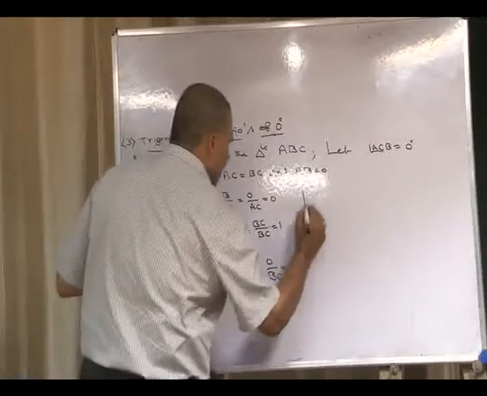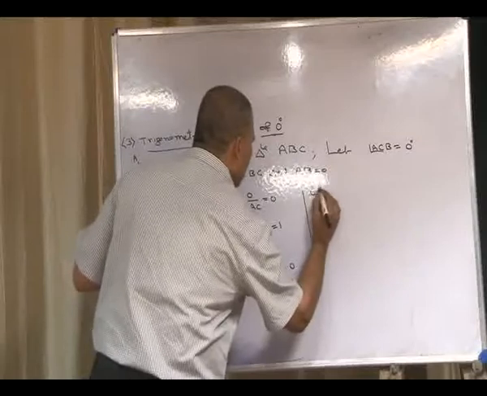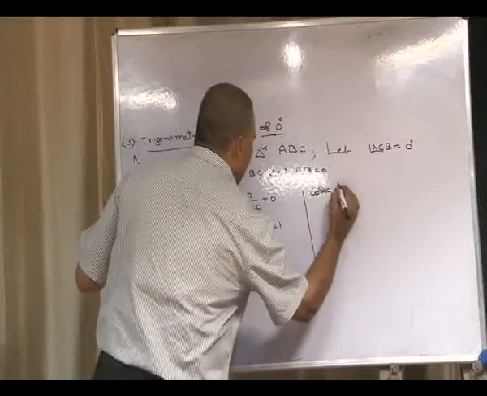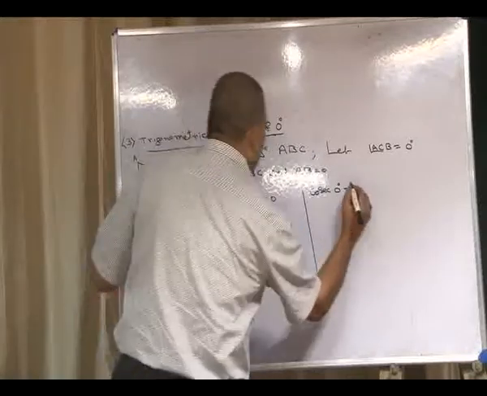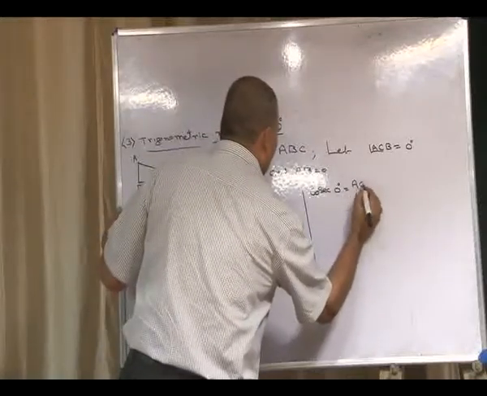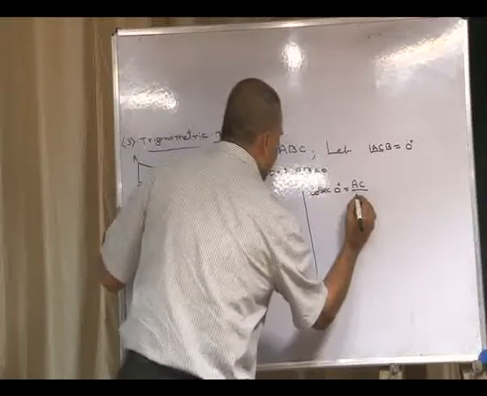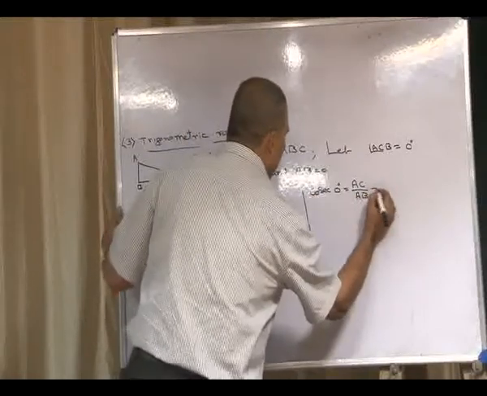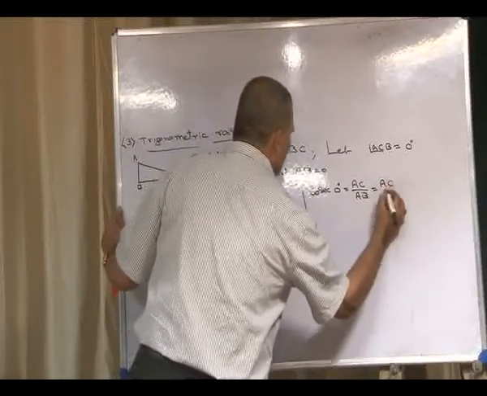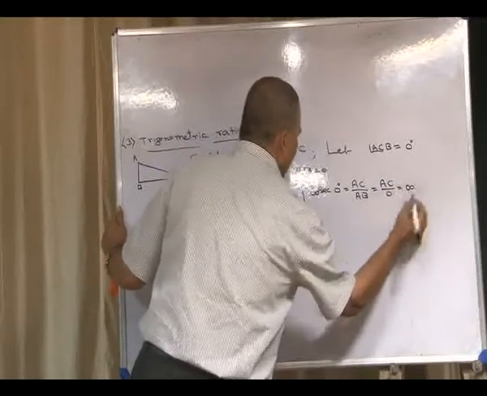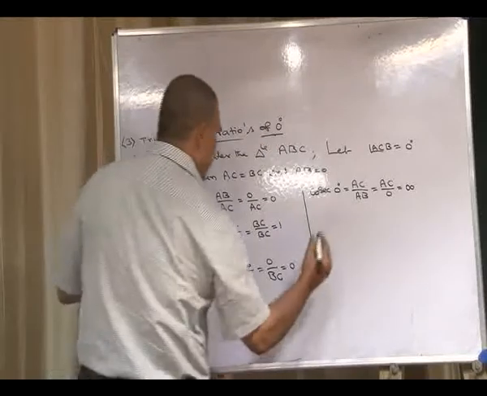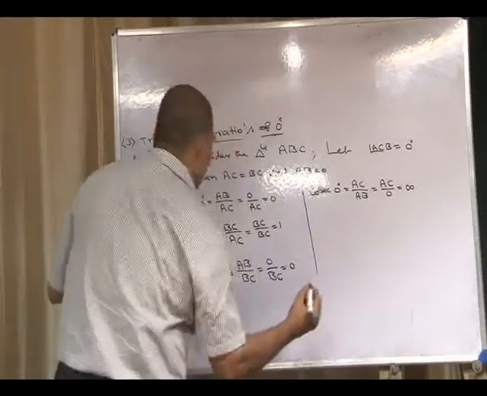Next, cosecant 0 degree. Cosecant 0 degree is equal to hypotenuse AC by opposite side AB, that is equal to AC by 0. Anything by 0 is infinity. AC by 0 is infinity.